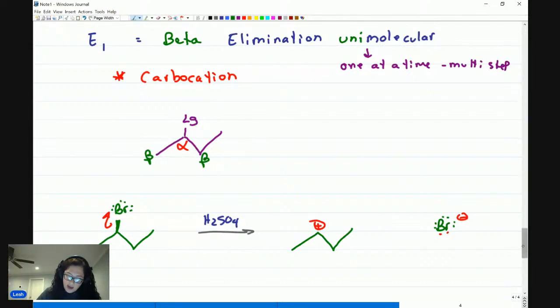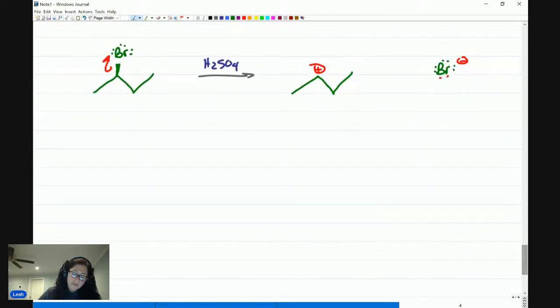In an E1 reaction, now that we know what we're looking at, this carbocation is positive and very much susceptible to attack. But if nothing attacks it right away, then the positive charge is going to be stabilized by the remainder of the molecule. If I have hydrogen atoms over here, some of the bond negativity is being pulled towards that carbocation.